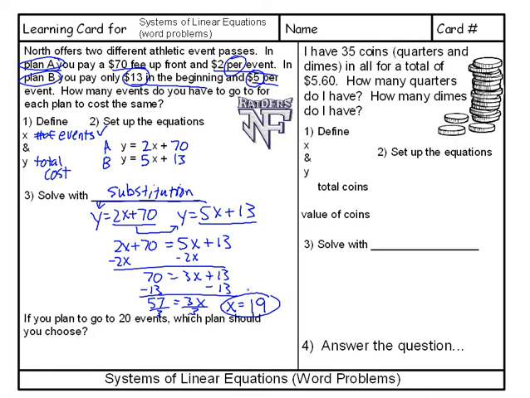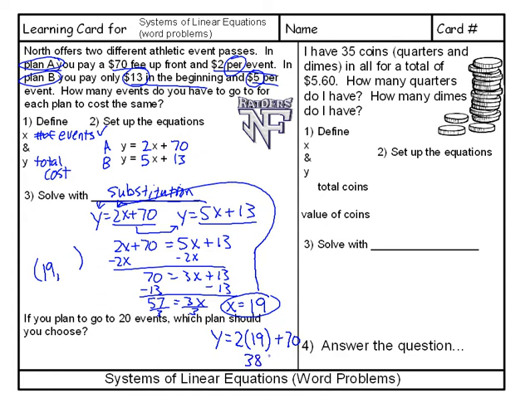What I'm finding is the point at which these intersect. So I've got x equals 19. I need to now find the y, so I'm going to take this x and plug it into this equation. Y equals 2 times 19, plus the 70.